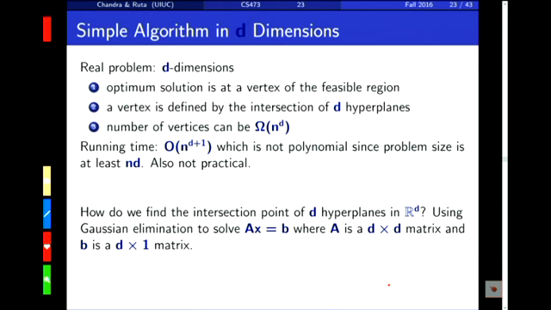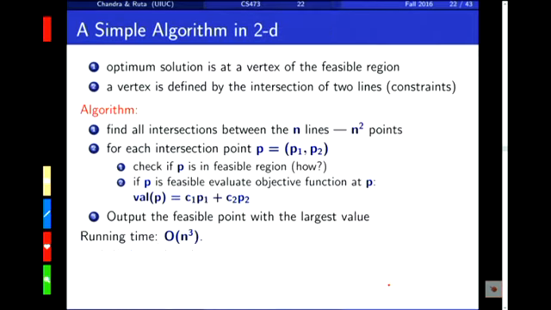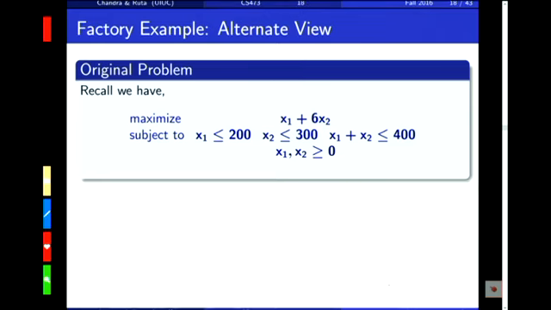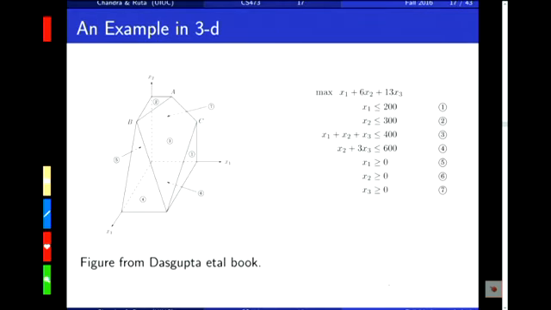What are hyperplanes? Hyperplanes are inequalities, those linear constraints. A hyperplane is formed where that inequality is equality, right? So in 3 dimensions, x1 equals 200 forms this hyperplane 1, which is cut by this hyperplane 3.